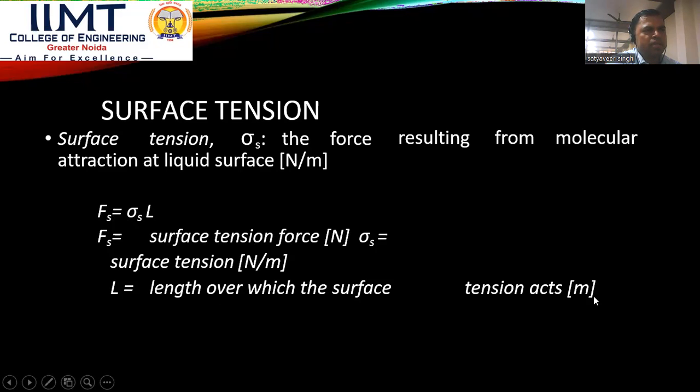The length is taken in meters. In case of surface tension force, the unit is Newton. But in case of surface tension, the unit is Newton per meter, because surface tension is nothing but force per unit length. So the unit of force is Newton and the unit of length is meter, so the unit of surface tension is Newton per meter. This is the basic formulation of surface tension.